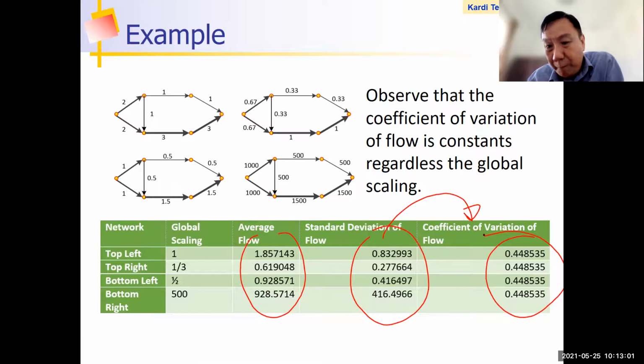Can you see that? So if you have an equivalent IFN, the coefficient of variation of flow will be exactly the same, regardless of your global scaling. Any question here?